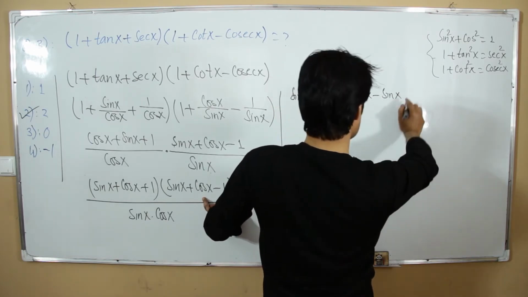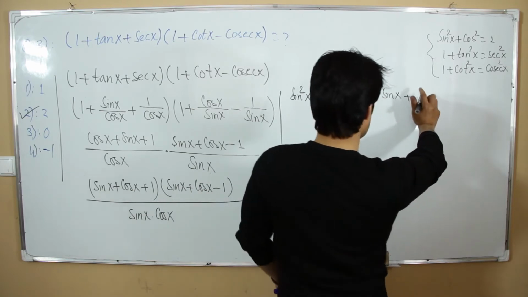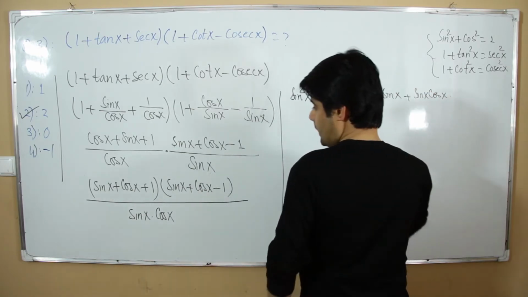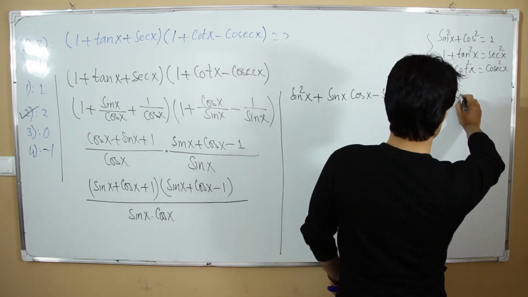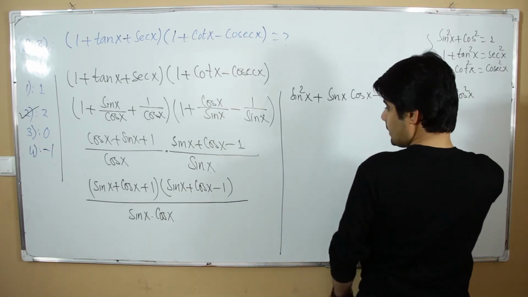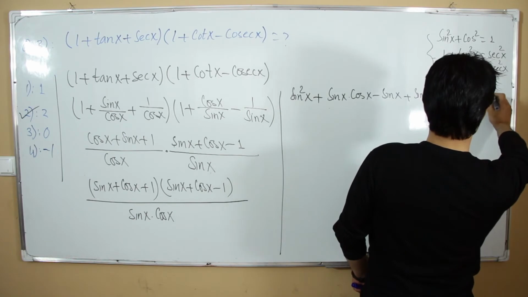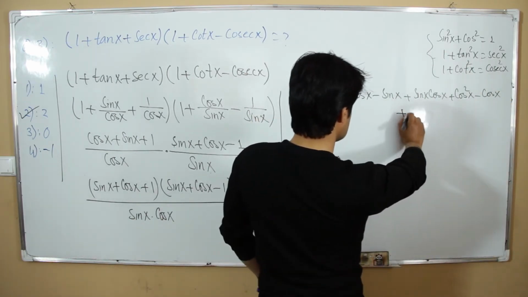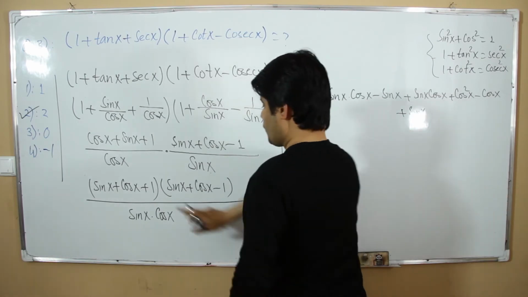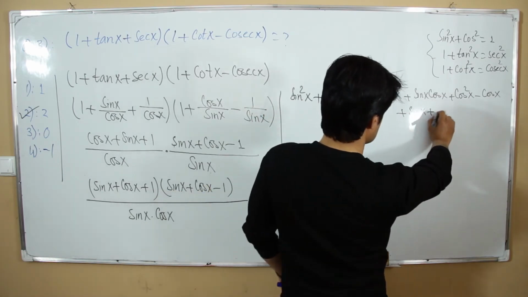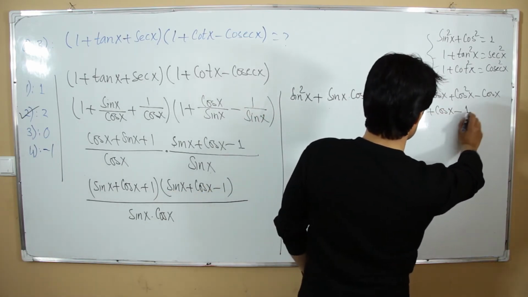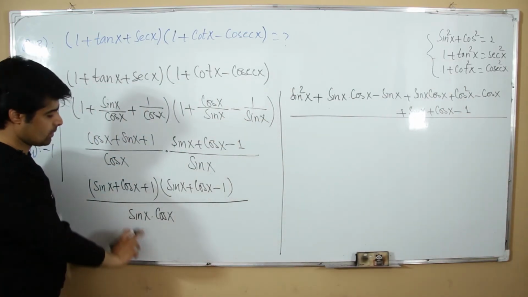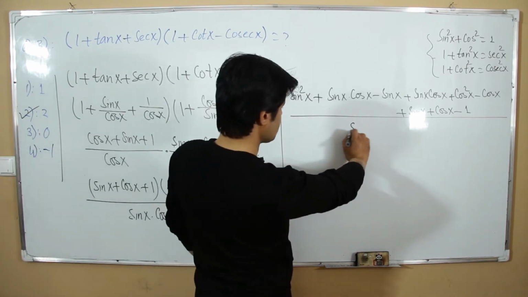So cosine with sine, it is sine x cosine x, and cosine square of x and minus cosine x, and this plus 1, it would be sine x, 1 with cosine, it's plus cosine x, and minus 1 divided by sine x cosine x.